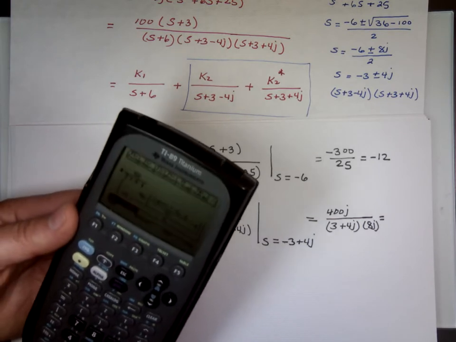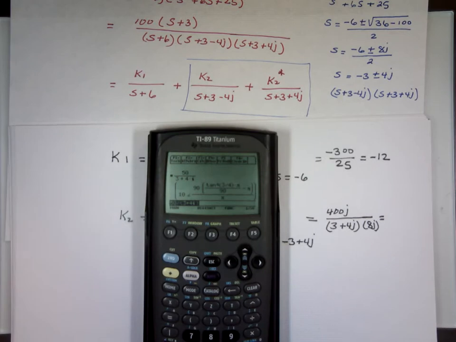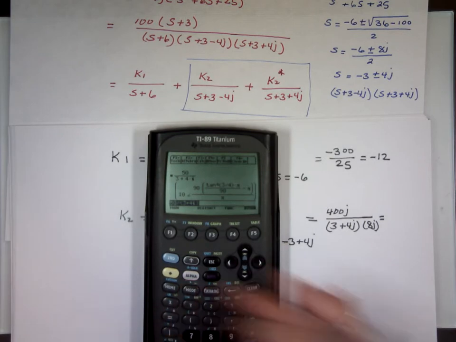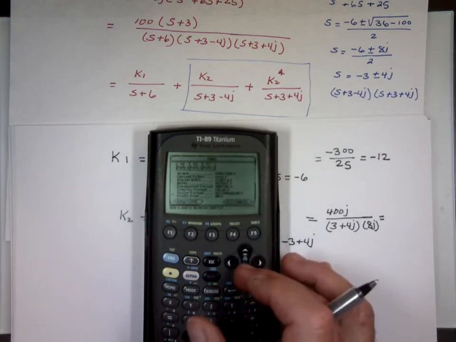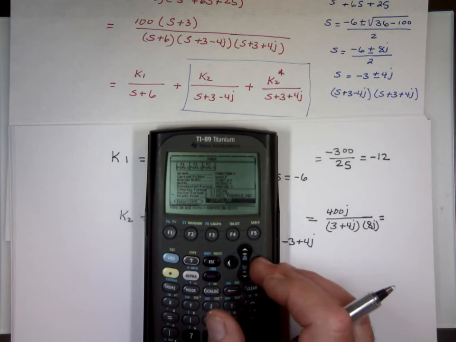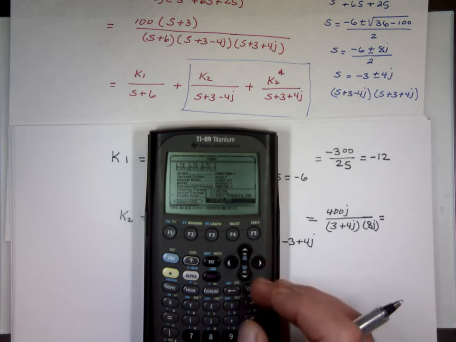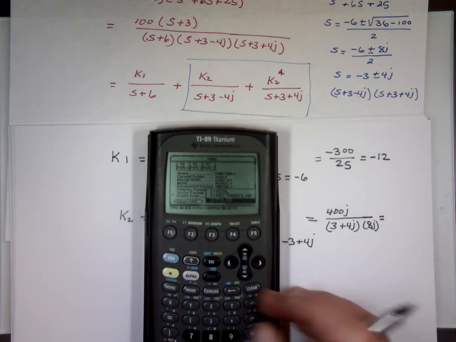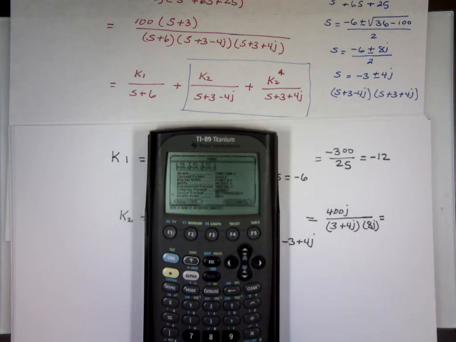Can I change that? I've got to go to mode now. I haven't used this in a while. What mode do I need to be in? Polar, right? Do you have it in radians or degrees?